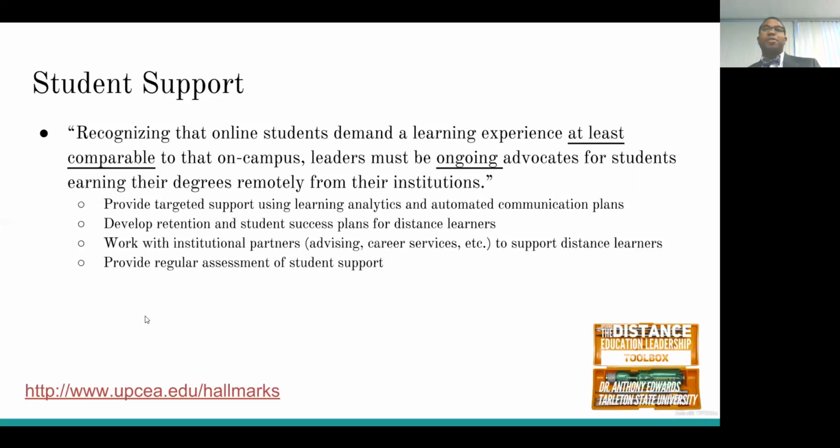So some strategies for improving student support would be providing targeted support using learning analytics and automated communication plans. We have all these tools now, and a lot of our institutions are collecting all this data from the learning management system or from our student information systems, as well as communication plan or customer relationship management systems that can send automated communication plans to students who are meeting certain criteria for certain support mechanisms.